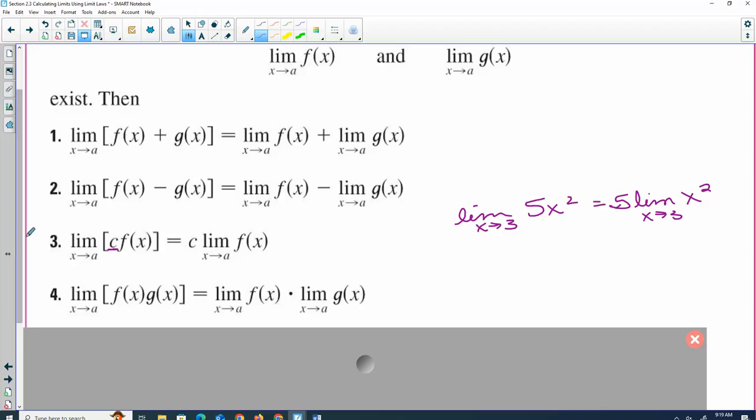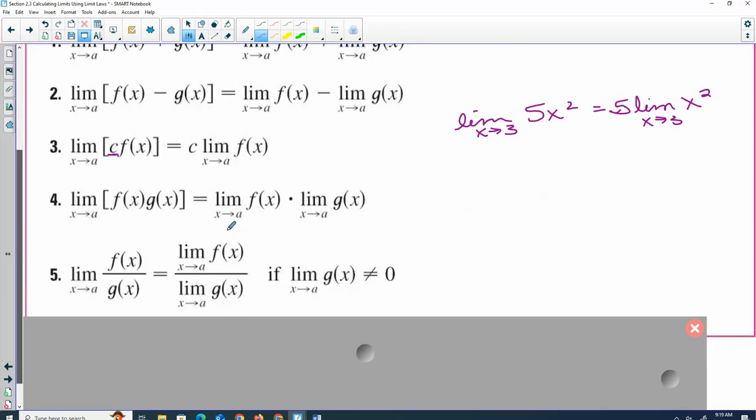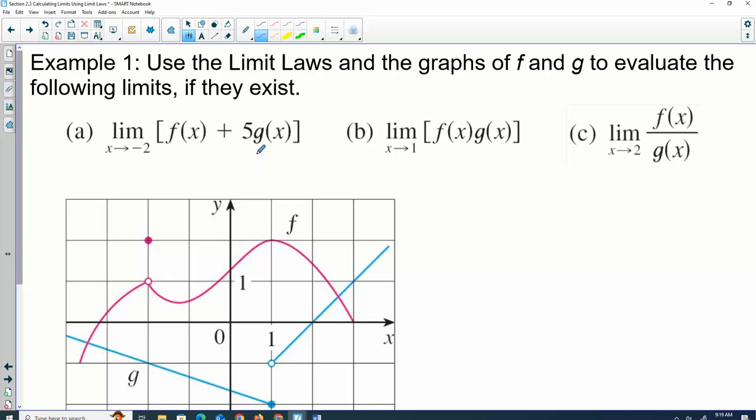That's no big deal. Same, if we are dividing, we can do individual limits on top and bottom, assuming that the limit of the denominator isn't 0. Because why? It would be undefined. You can't divide by 0. All right, using that information, let's look at this one.